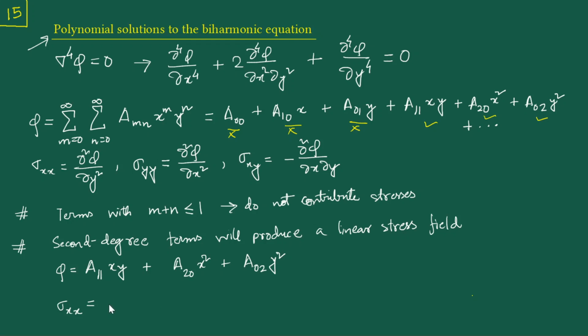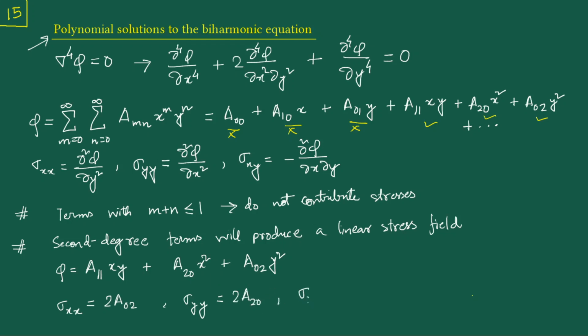Then sigma xx we can write down directly: sigma xx is equal to del squared phi by del y squared. So from this we have twice a02, and the y vanishes. Next, sigma yy is del squared phi by del x squared, so we have twice a20.